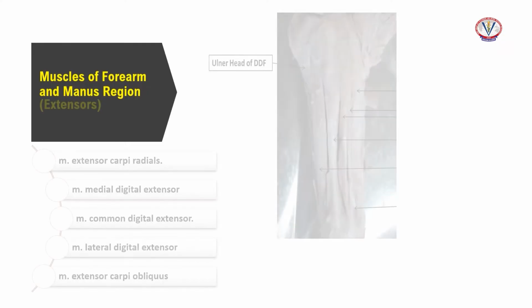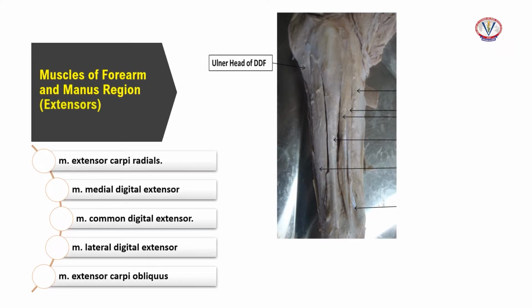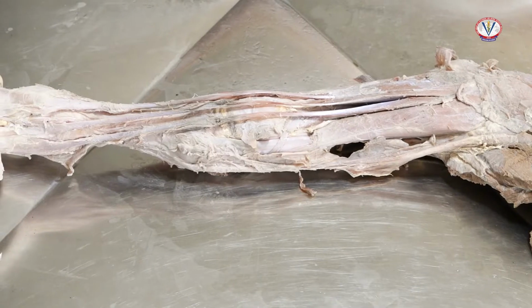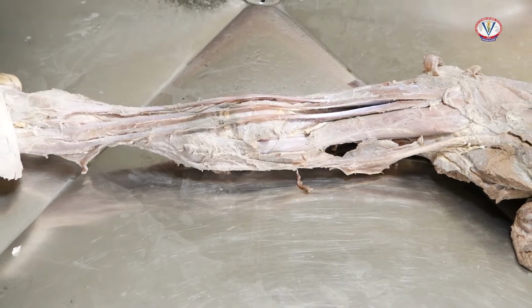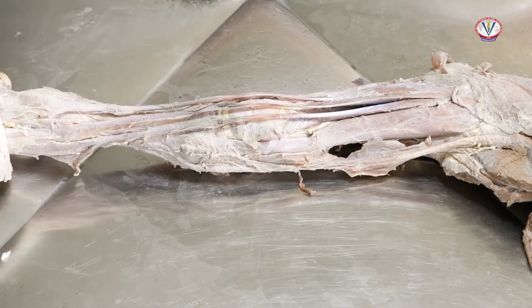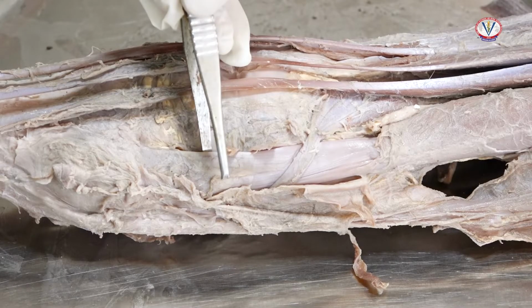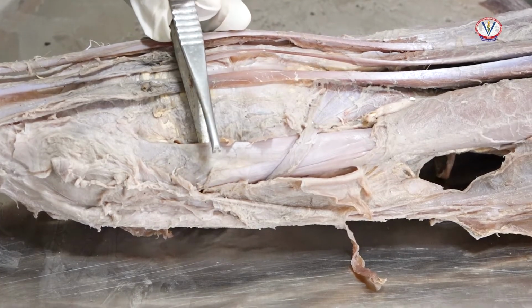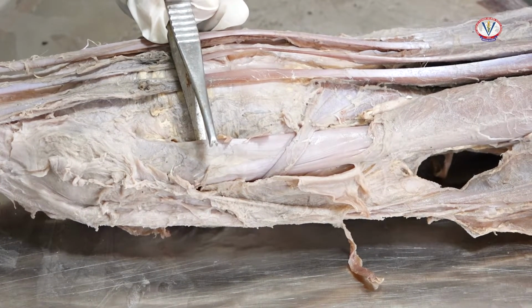Coming to the extensor muscles of the forearm and manus, the extensor carpi radialis is the largest of the extensor muscles of the forearm. It lies over the dorsal face of the radius, extending from the lower end of the humerus to the end of the large metacarpal bone.